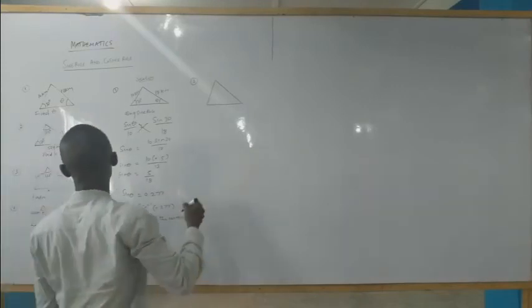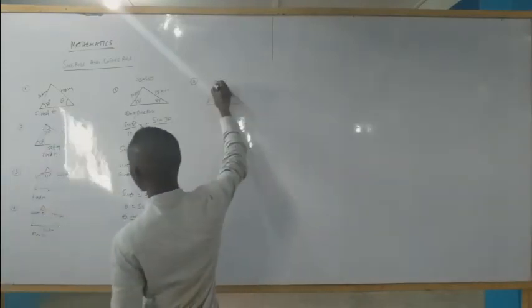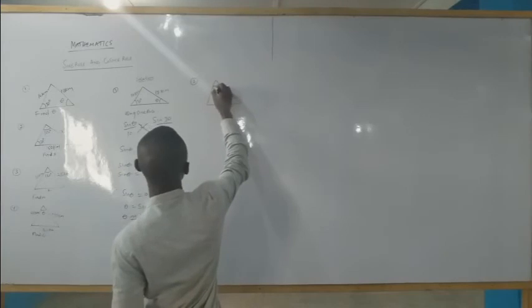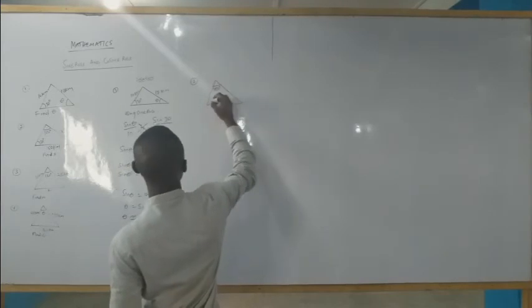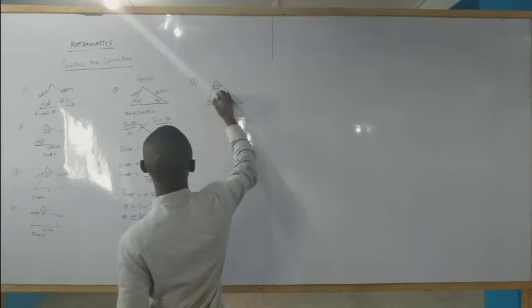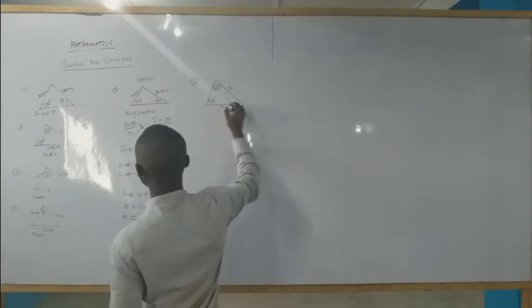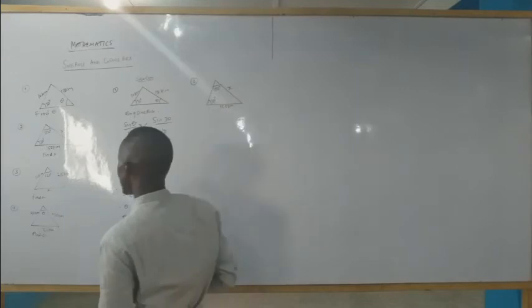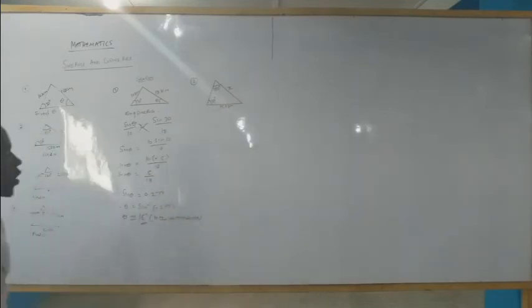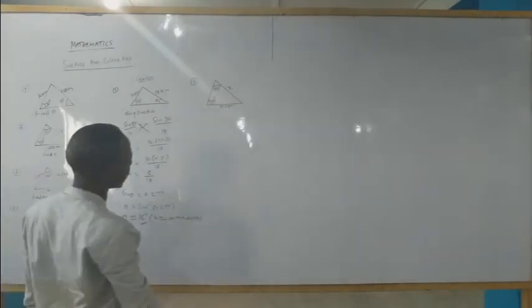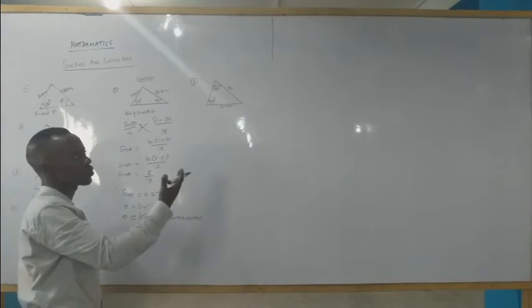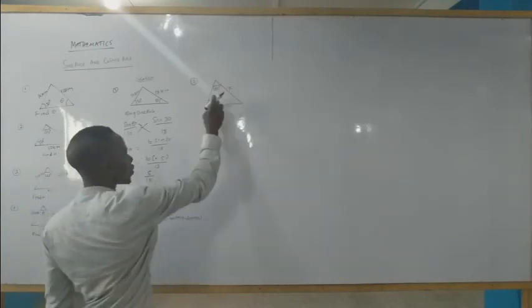Look at number 2. We have 100, 30 degrees. We have S, 150. We have to find S. Look at it the same way. Still applying the sine rule. This relates to this.